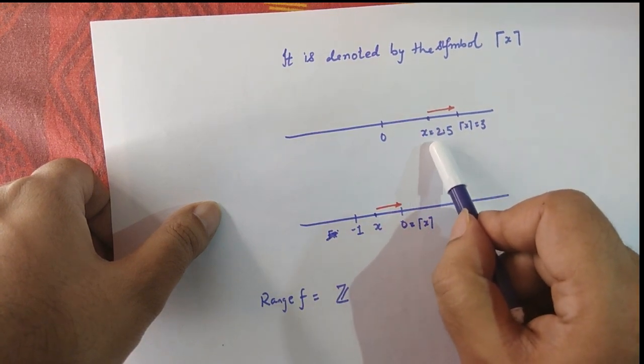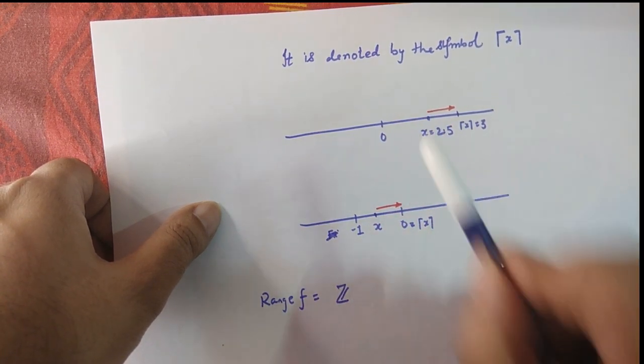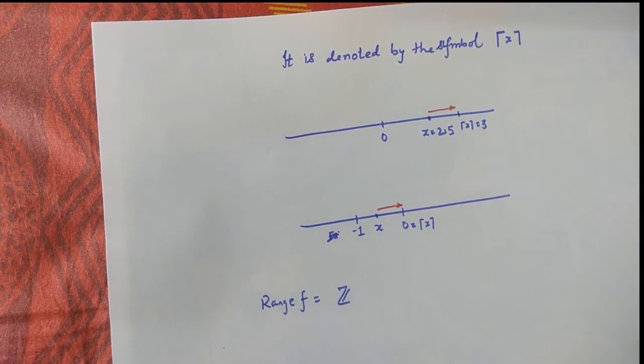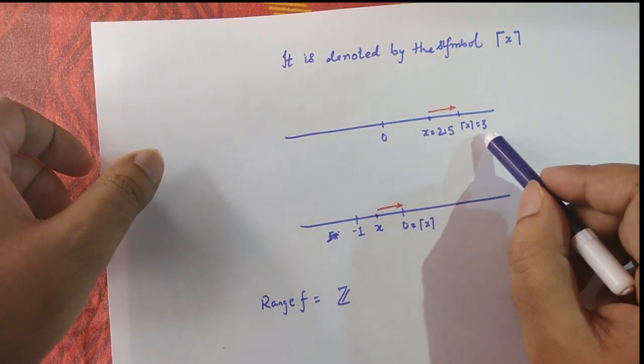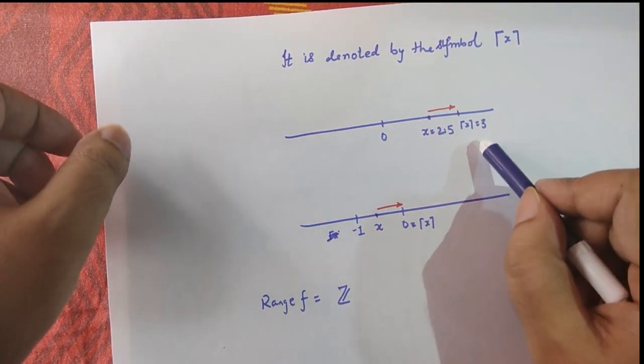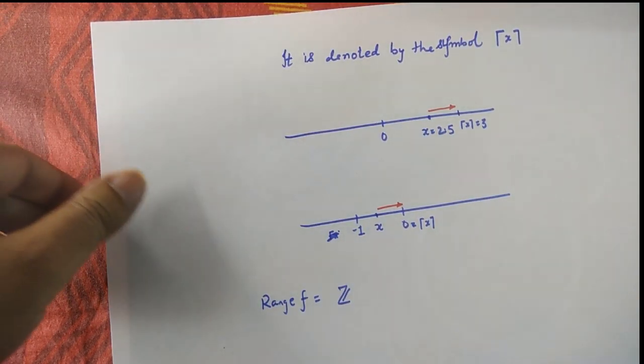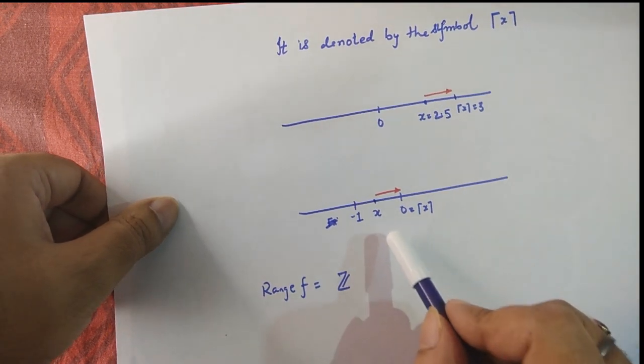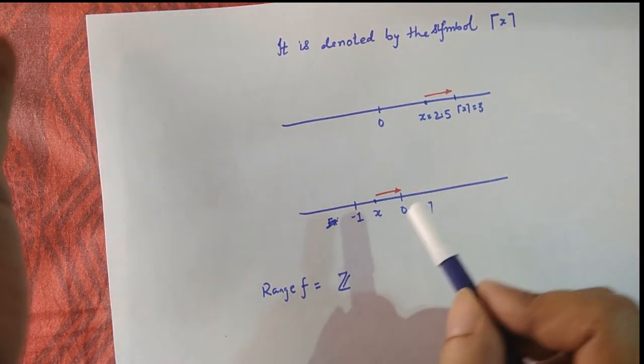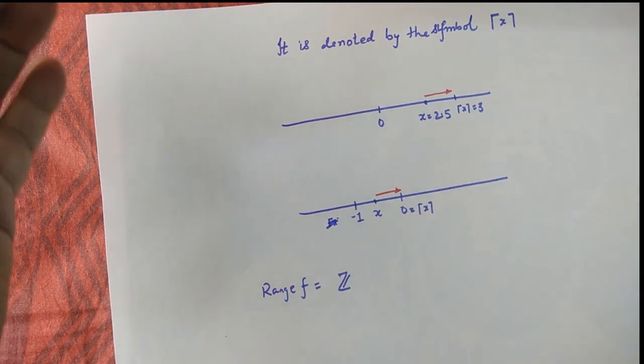We have located the number 2.5 on the real number line, and we start moving towards right instead of left. The first integer which we encounter, which in this case is equal to 3, will be the least integer function of the number x. Similarly, let us consider the case when x is some number between -1 and 0.